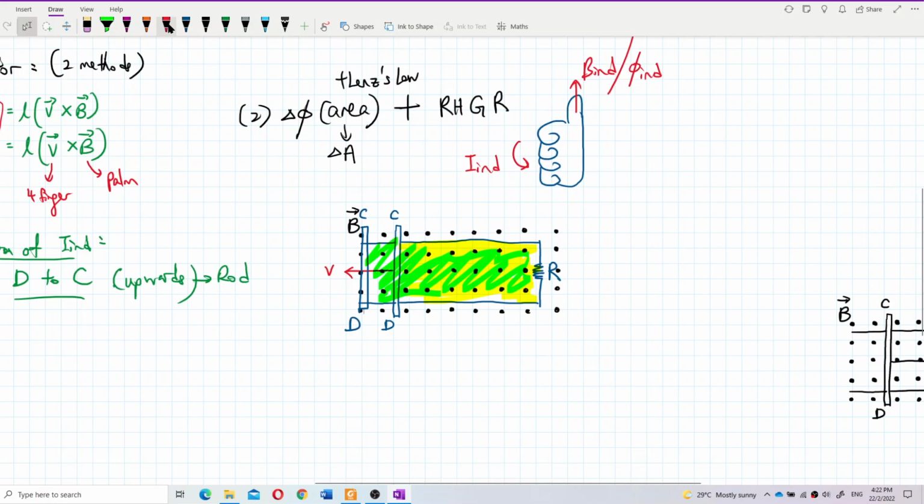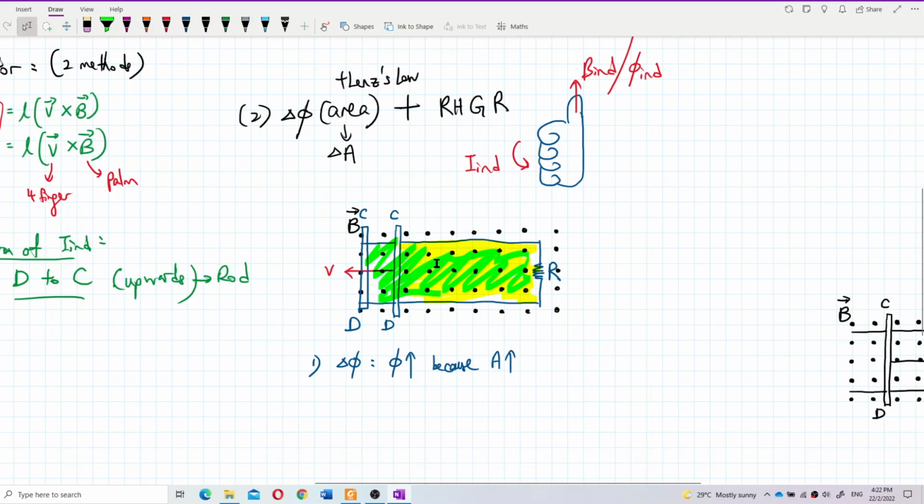So what is the change of flux? What's the first thing you can say about the change of flux? Flux increases because area increases. When CD goes to the left, flux increases because area increases.